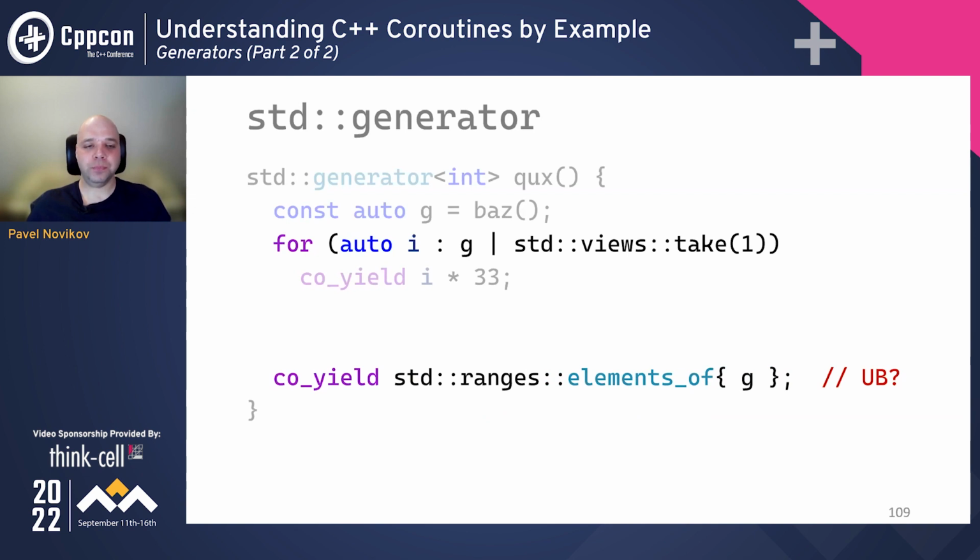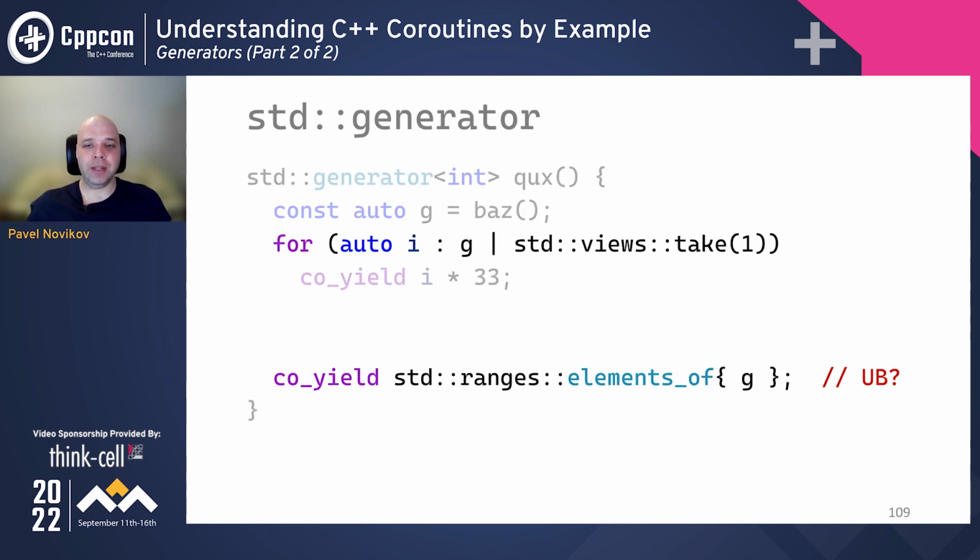So in case of std generator, if you want to yield the whole generator, all the values of the generator, we need to use the std ranges elements_of wrapper to indicate for disambiguation purposes that we want to yield the generator.